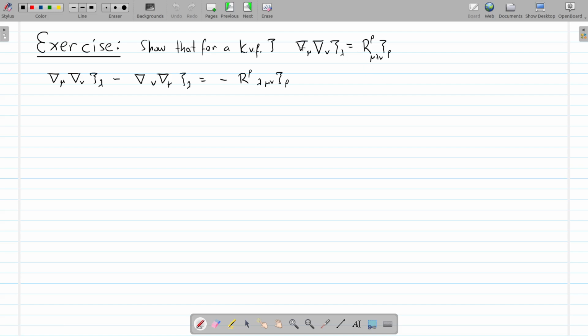In order to connect this twice derivation of Xi with R, we use the definition of the Riemann tensor that states that when we act with the commutator of 2 derivatives on Xi, we obtain R Xi.